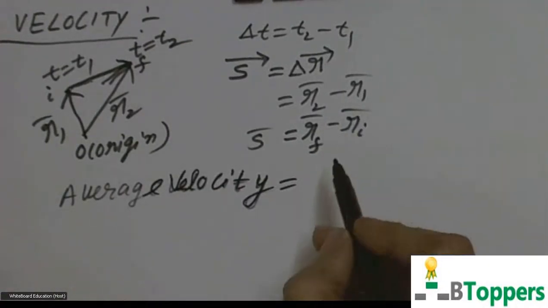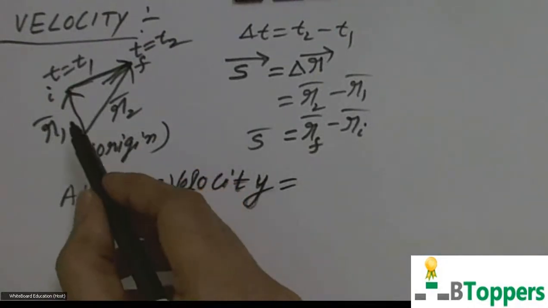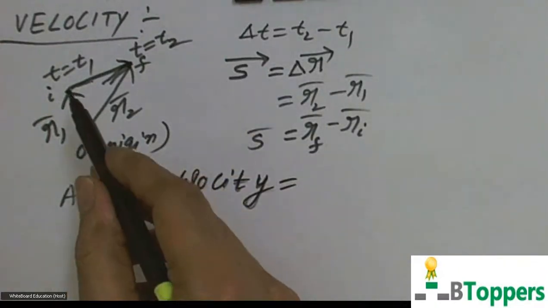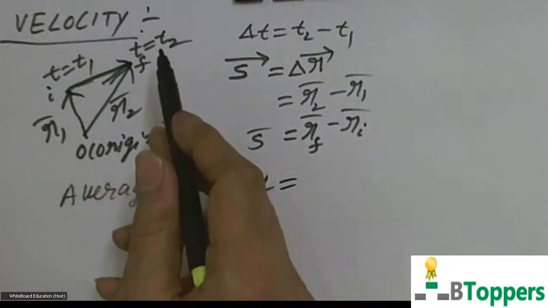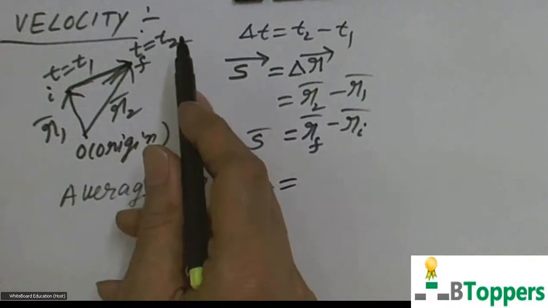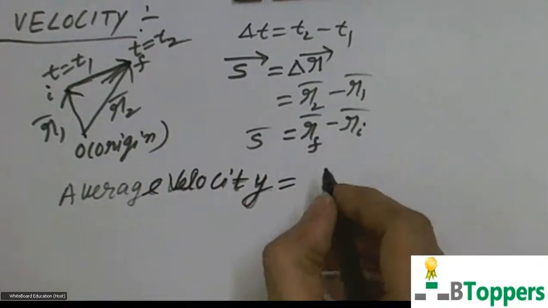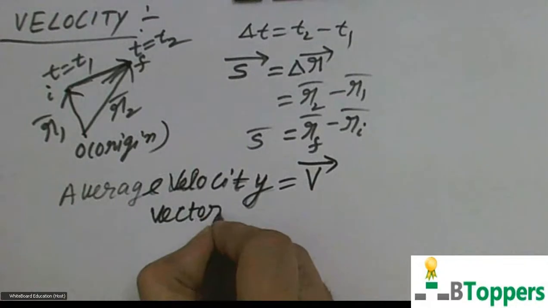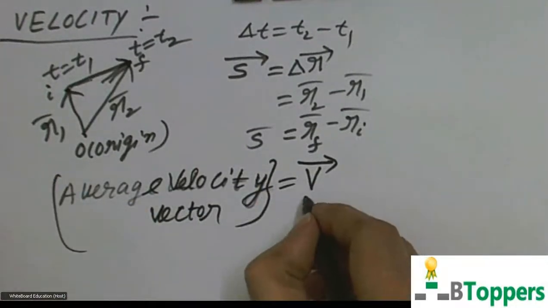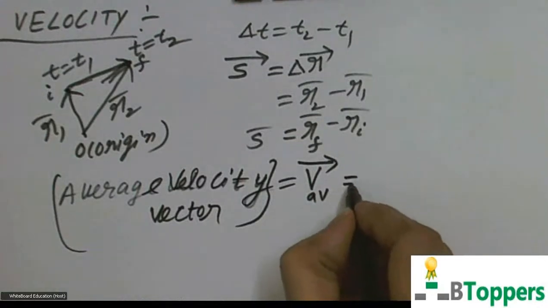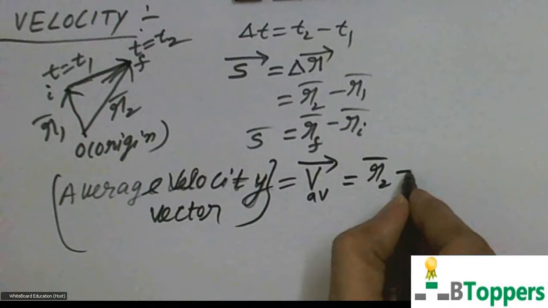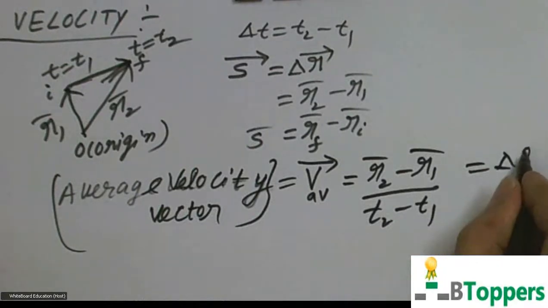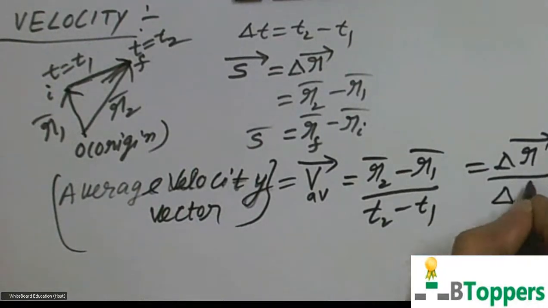So if a particle is in motion for the time interval delta t equal to t2 minus t1, such that r1 bar is the position vector of the particle at the instant t equal to t1, and r2 bar is the position vector of the particle at a later instant of time t equal to t2, then the average velocity vector of the particle, we can write v bar subscript av, is given by r2 bar minus r1 bar by t2 minus t1, or you can write delta r bar by delta t.